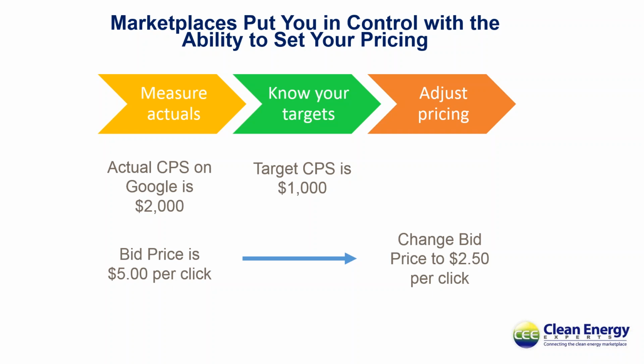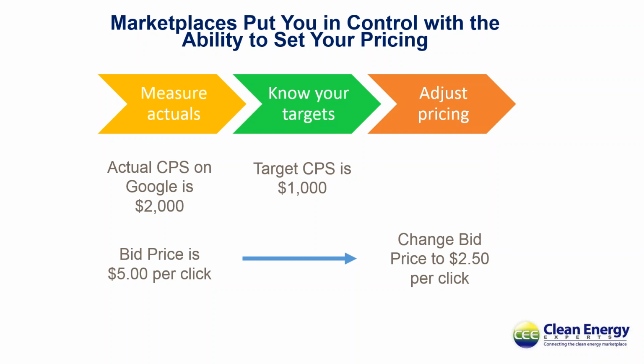Well, if you've got it set right now at $5 per click, and you spent $2,000 to get a single sale, then you probably should divide your cost per click in half. You say, hey, we're only willing to spend $2.50 per click instead of $5. And realistically, this should help you attain your target of $1,000 cost per sale.